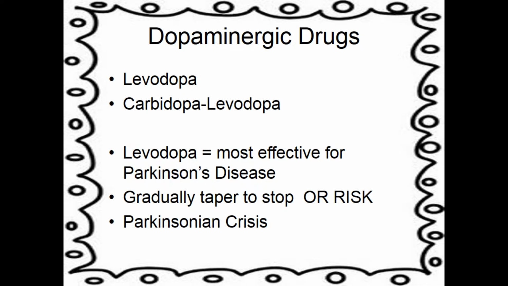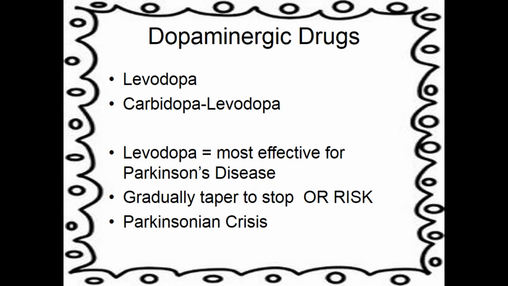Dopaminergic drugs include levodopa and the carbidopa-levodopa combination drug. Levodopa is the most effective for Parkinson's disease, but you have to gradually taper this to stop or risk that you have a Parkinsonian crisis. Carbidopa prevents levodopa from being converted to dopamine as soon as it hits the bloodstream, which allows more levodopa to get to the brain, so smaller doses are needed to actually reach those therapeutic goals.